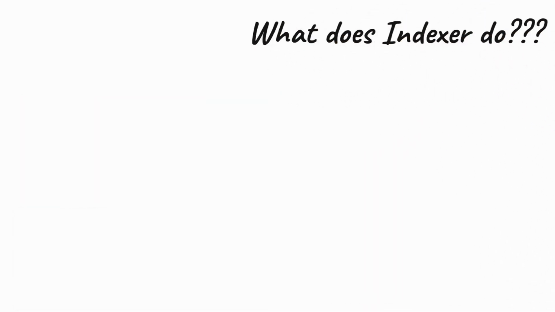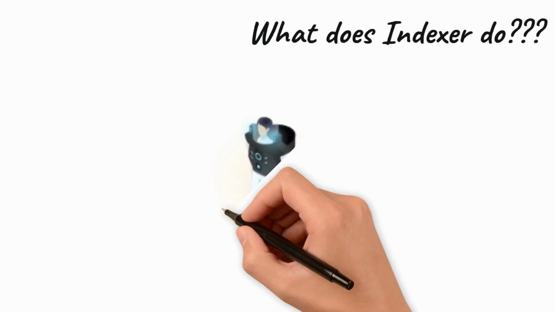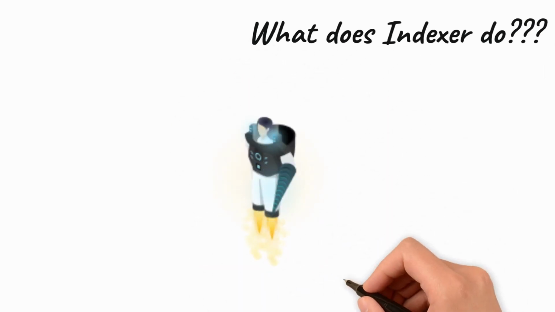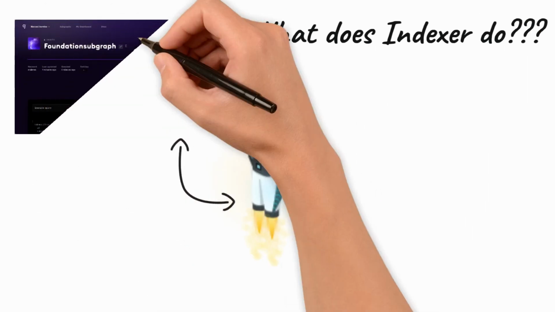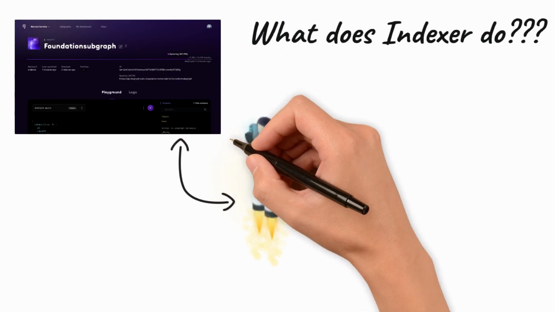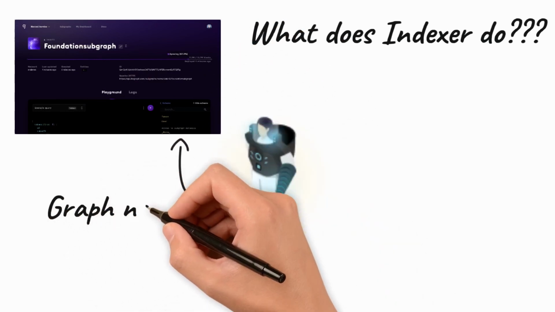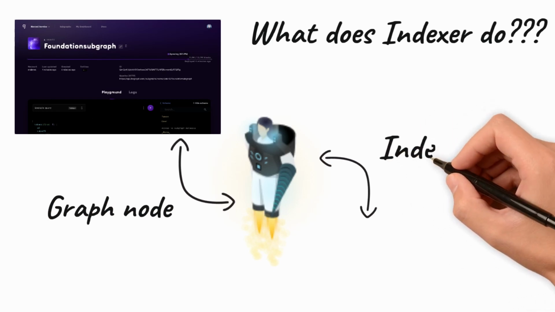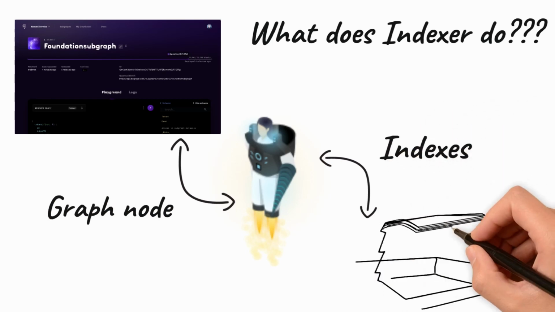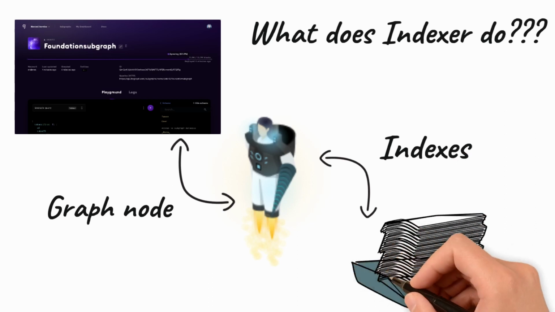Now it's time to look at what indexers do. Indexers run the graph node and index these subgraphs, which makes data accessibility easy. Indexers are responsible for maintaining and indexing data from the blockchain, making it easily searchable and accessible for dApps.